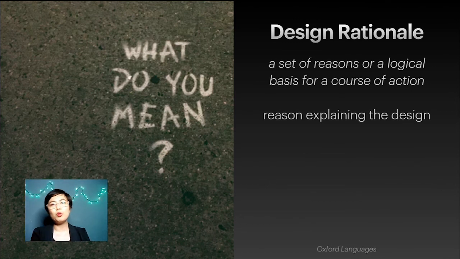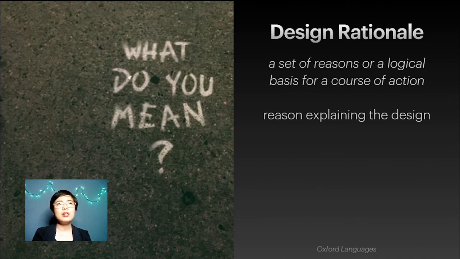Pwedeng it could be the culture. For example, ang site mo nasa tabing dagat and you are going to design something and you want the design to also embody yung nature doon sa lugar. Kunwari, tabing dagat.